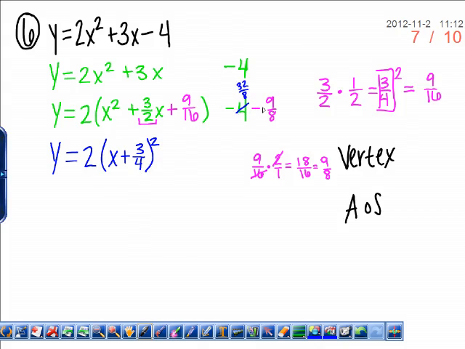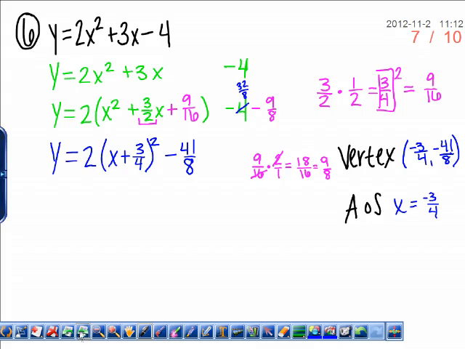So -32 minus 9, -41/8. So what's our vertex? Yep, -3/4, -41/8. And what's our axis of symmetry? Good.